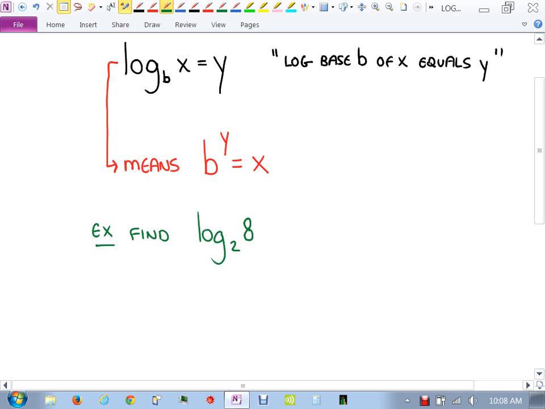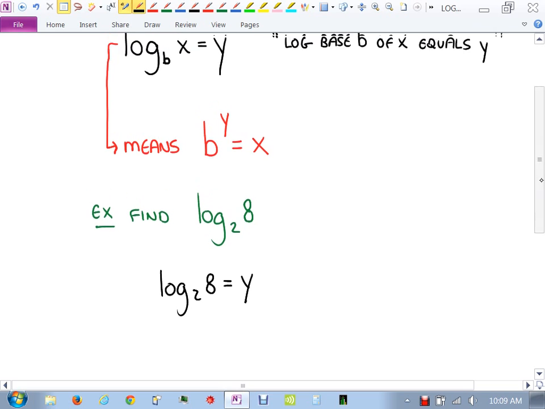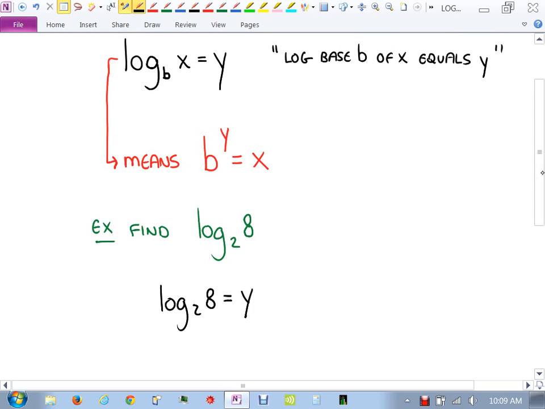This means log base 2 of 8 equals something. That's what I'm asking you to tell me. I'm going to call it y. That way it looks like that equation up there, doesn't it? Doesn't it look like log base b of x equals y up there now? So I'd like to know what y is.